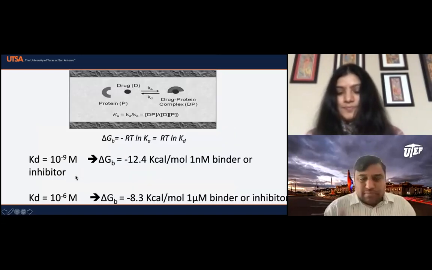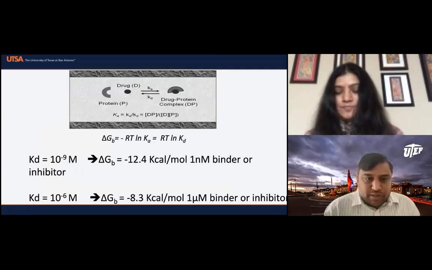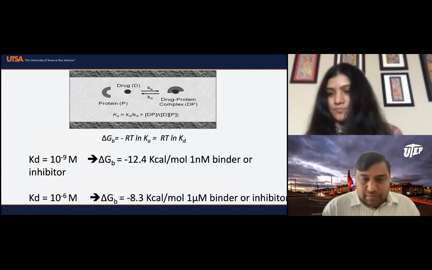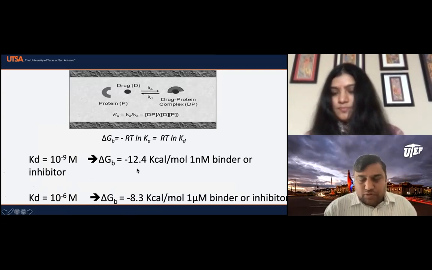In terms of concentrations, if you have IC50 values in the micromolar concentration, then the delta G is about -8.3, but for something in nanomolar, the delta G is about -12.4.